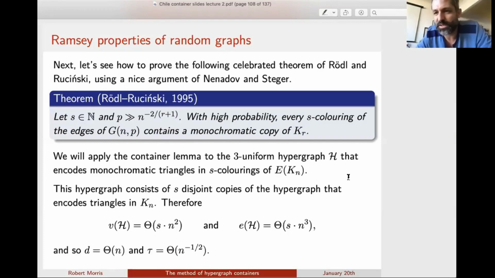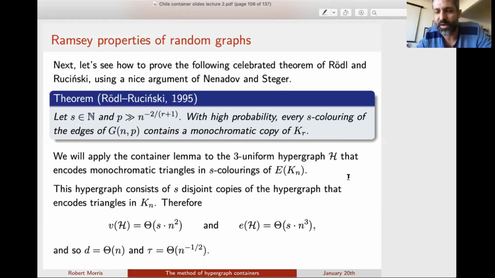And so note that if you have an S-coloring of the edges of Kn with no monochromatic triangle, that is still an independent set in this hypergraph. Right? For each edge, you have a color, so you take the corresponding vertex. So you take the edge in the corresponding copy of Kn, so the vertex in the corresponding hypergraph.